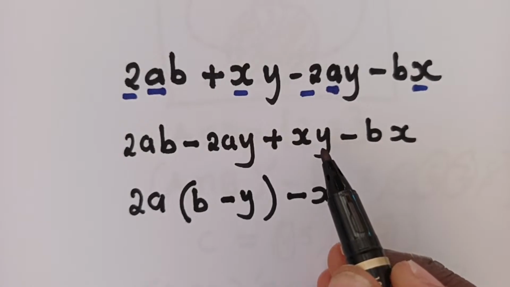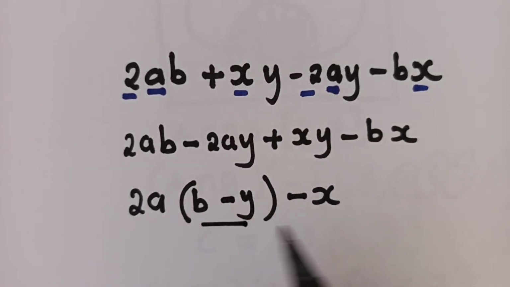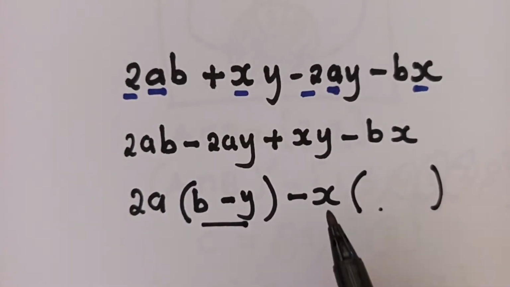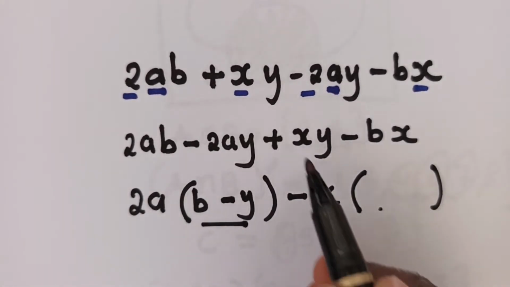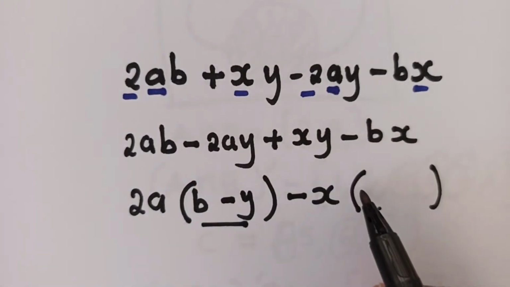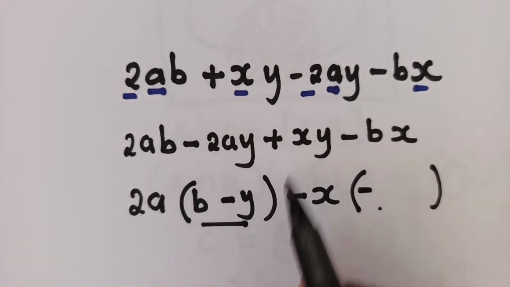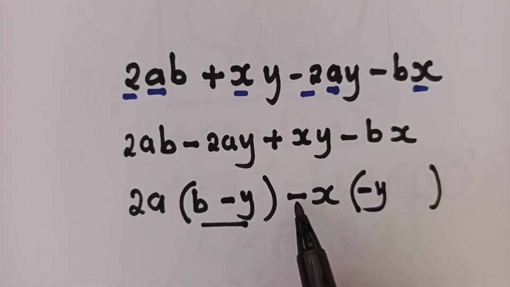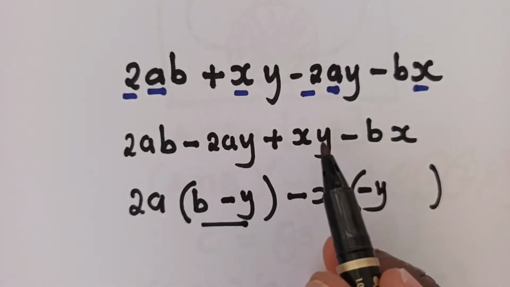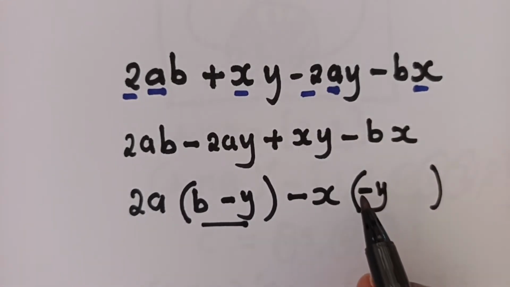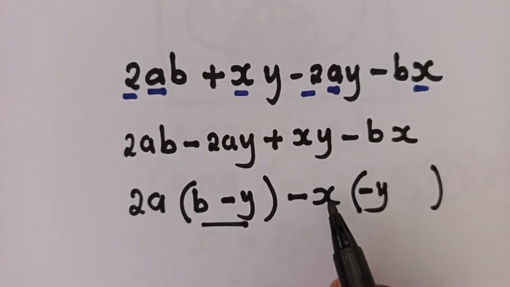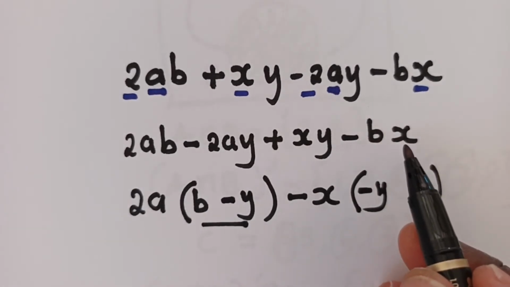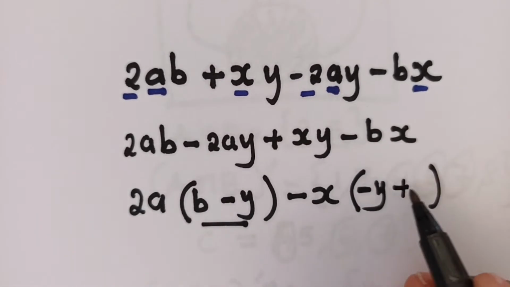But according to what I want inside the brackets, if I factor out a negative sign, this will give me a negative sign, and then X is outside, I'll remain with a Y. So negative X into XY will just be negative Y. Negative X into negative BX will be positive B.